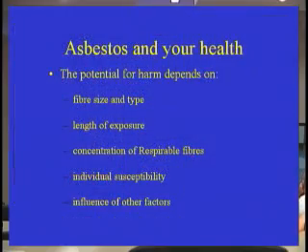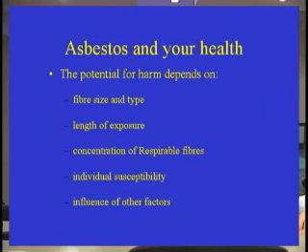And your health. Why and what are we concerned about? We talked about the fiber size and the fiber type. And the different types of asbestos have different degrees of harm, potentially.